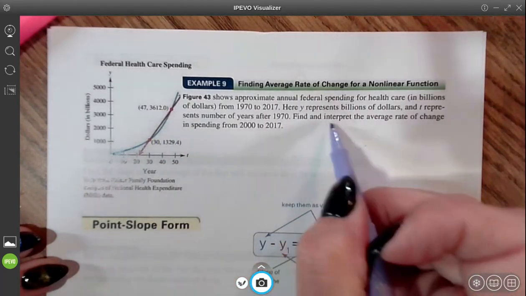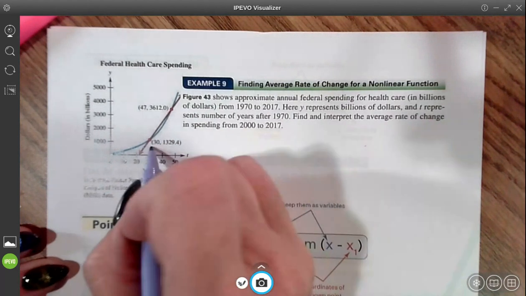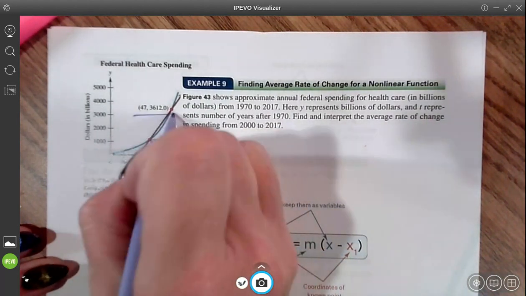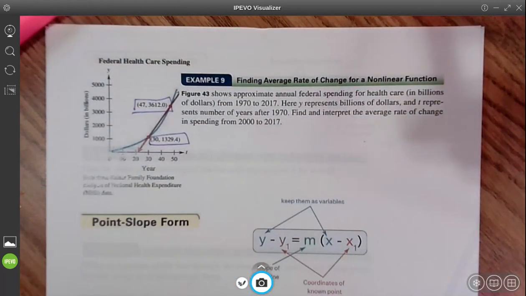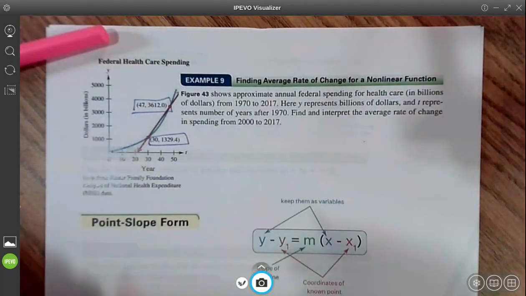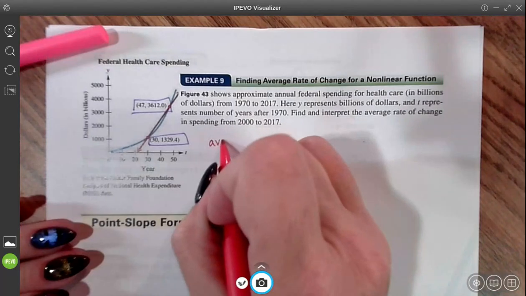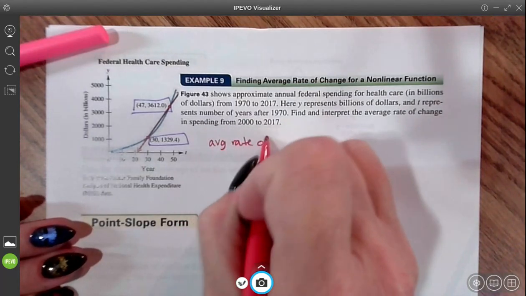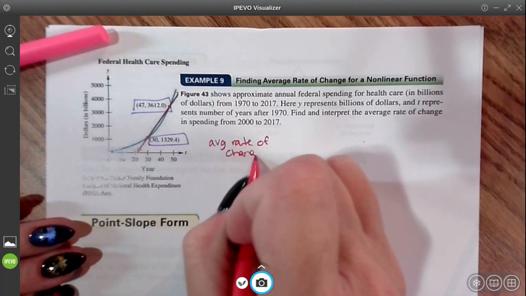So if we want to find the average rate of change from 2000, that's this year, to 2017, that's this year, we connect them with a straight line, like they showed us, and the average rate of change just means find the slope between those 2 points.